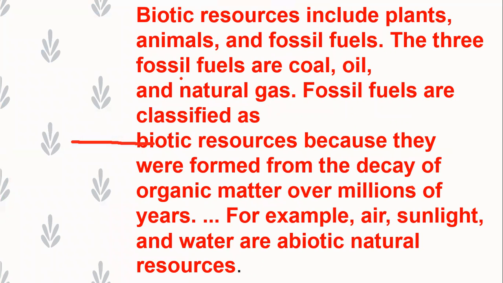After the decaying of that particular wood, that particular plant, we are getting biotic resources, including plants, animals, and fossil fuels. After these plants and animals die, they are converted into fossil fuels. The three fossil fuels are coal, oil, and natural gases.